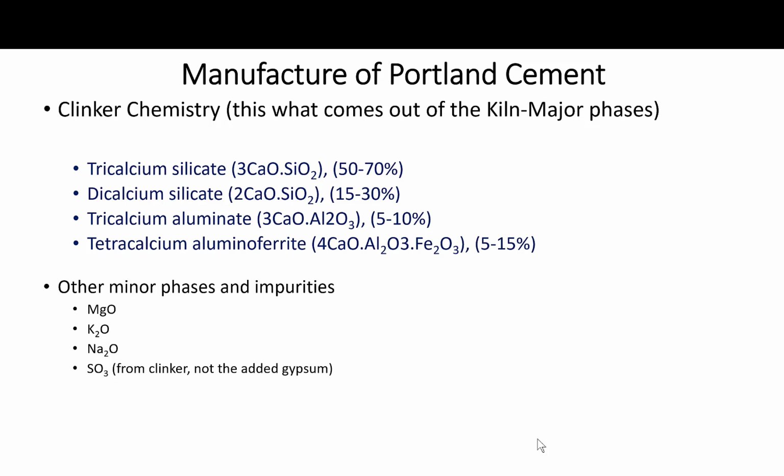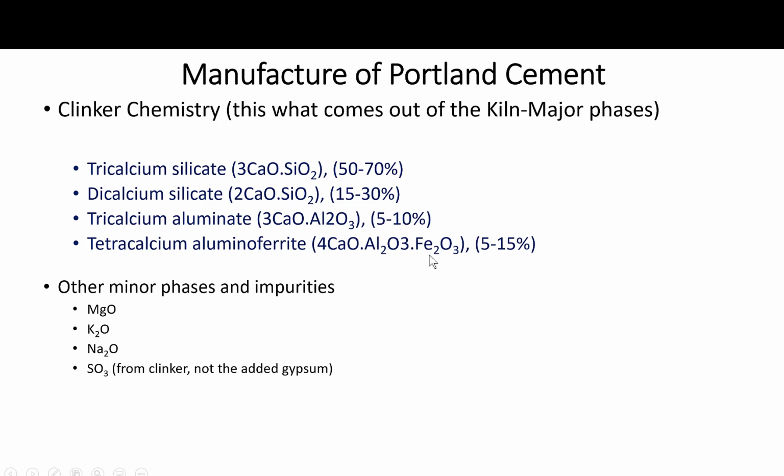Let's first look at the clinker chemistry, what comes out of the kiln. These are the major phases. The tricalcium silicate, about 50 to 70%. Dicalcium silicate between 15 to 30%. Tricalcium aluminate between 5 to 10%.